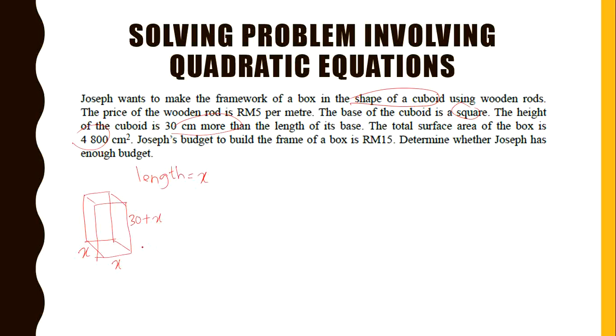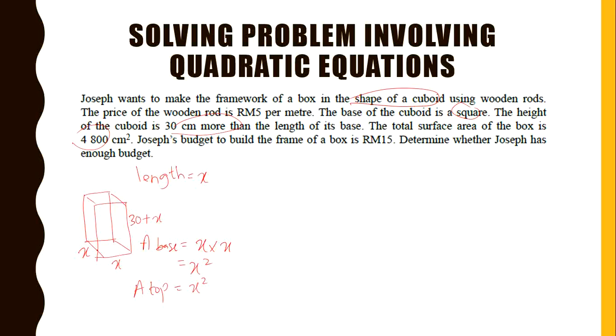So, first kita cari area untuk base dengan top. Okay, area base dengan top ni sama kan? Area base is x times x. So we have x square. Area top pun sama, x square juga. So, both is x square plus x square will be 2x square kan? Biar dulu yang tu.